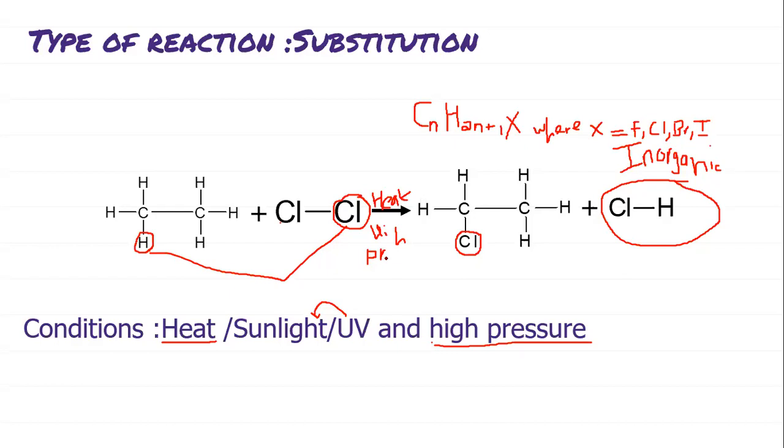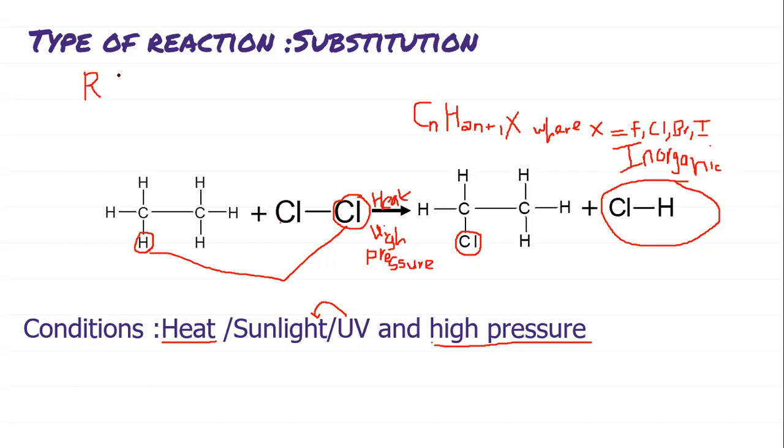And then you check the number of hydrogens on the left must also be equal to the number of hydrogens on the right, and the number of chlorine atoms on the left must be equal to the number of chlorine atoms on the right. And when you have done that, my dear learners, you know that your balanced chemical equation is correct. And I'll give you a tip for every organic reaction. This is what you must remember.